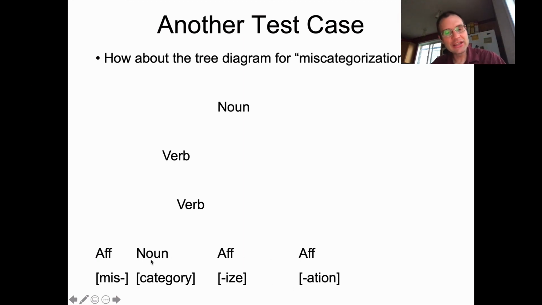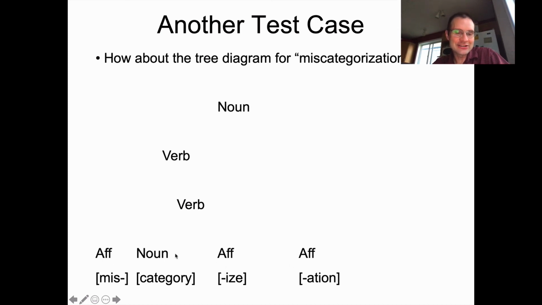So the first thing you should do is recognize that you're going to add affixes working from the inside out. So if category is your root, you don't really need to worry about ation yet at this point in time, because you have to add either mis or ize to it first.